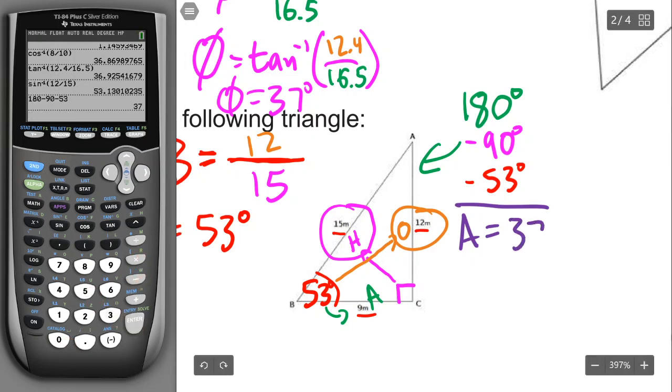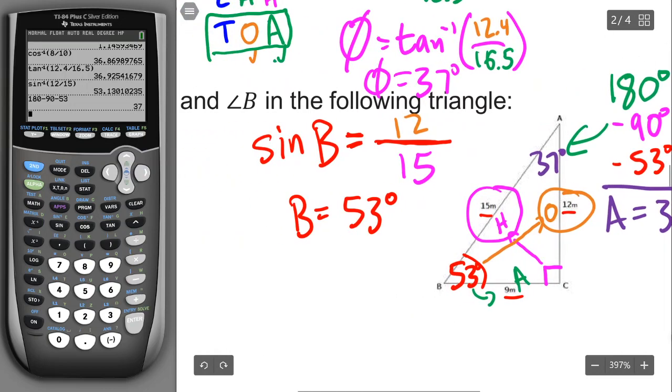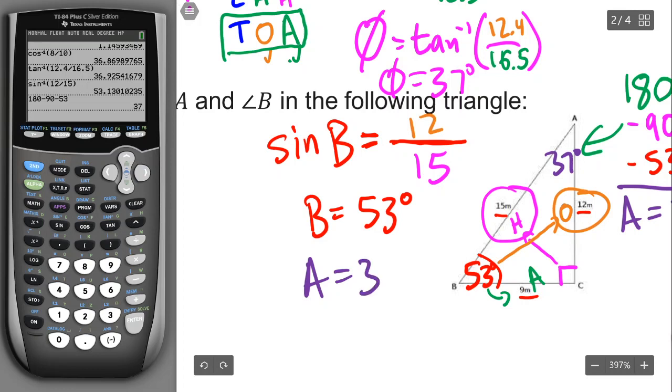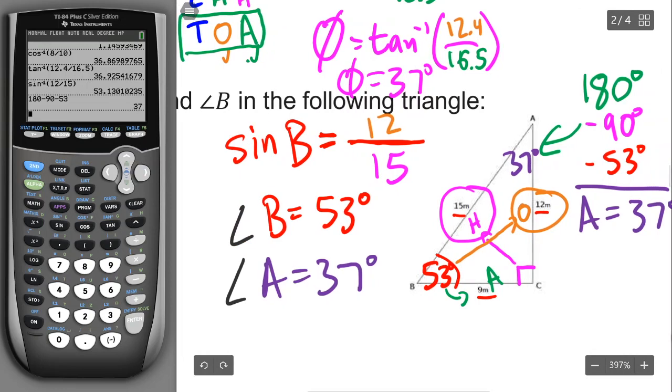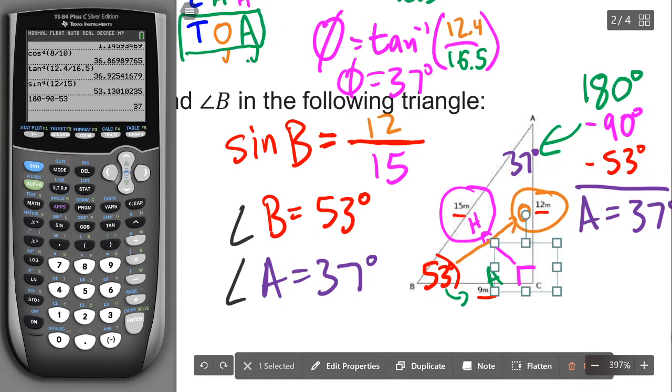Subtract, and we get A is 37 degrees. So A equals 37 degrees. And if we want to be fancy, we could throw the angle symbol in front of these, but whatever. Okay, so that's how you find the angles in a triangle.